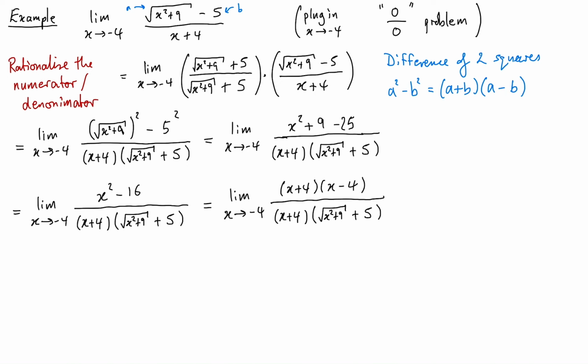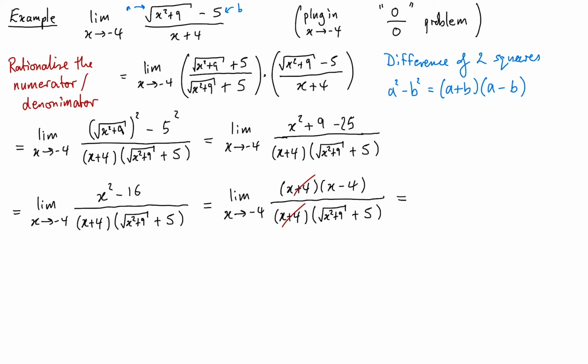This is great because that's what we wanted to see on the top, this x plus 4 to cancel. And remember, when we're taking the limit, we never actually look at the value x equals negative 4, which would be the time that we couldn't cancel that thing out, because the function would not even be defined. But we're in good shape. So we've cancelled those two things out.